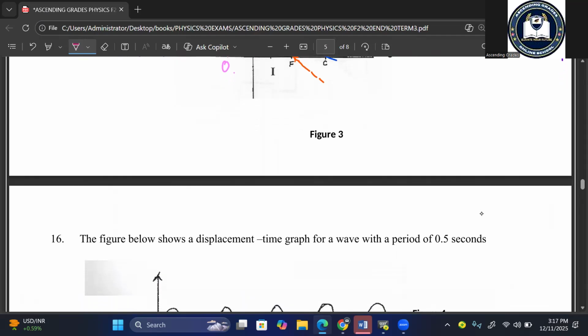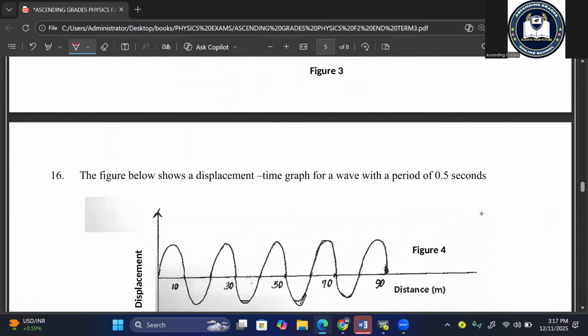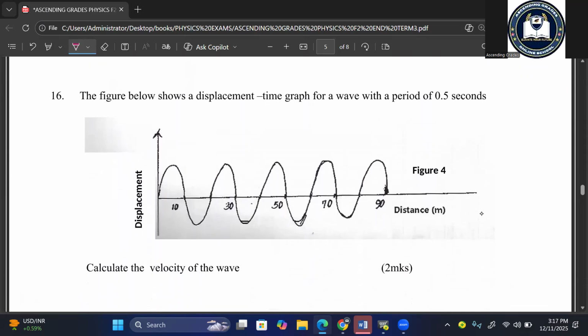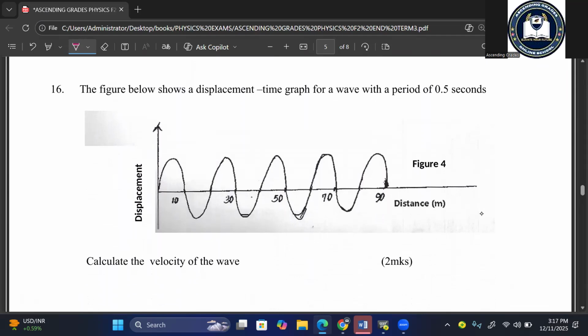Question 16. The figure below shows a displacement time graph for a wave with a period of 0.5 seconds. Then you are told calculate the velocity of the wave. So you're told the period here is 0.5 seconds.